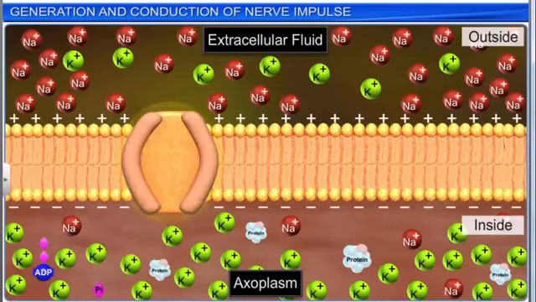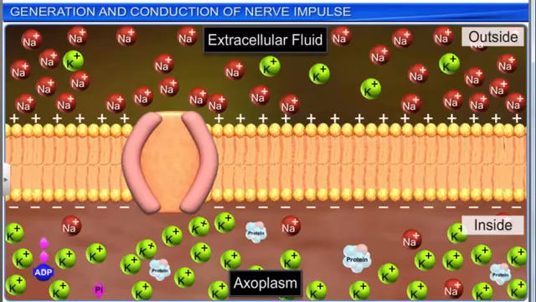This differential permeability is maintained by a sodium-potassium pump present inside the membrane. The sodium-potassium pump transports 3 sodium ions outside the cell for every 2 potassium ions that enter the cell.